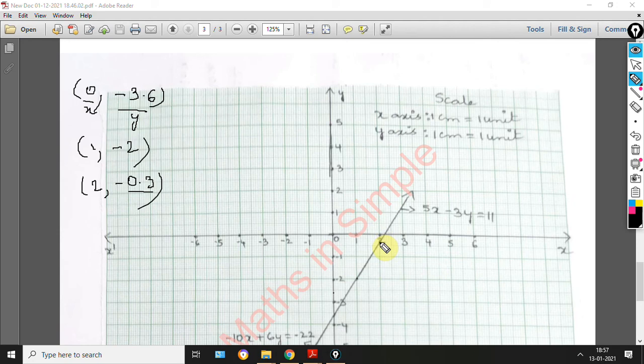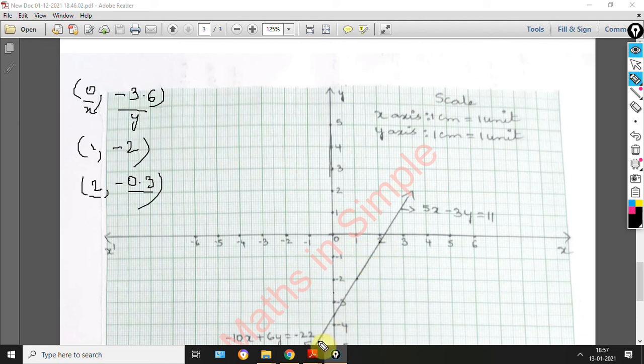So here we have to put a point. But we have to plot from the x-axis position, which is 2. So from this position we take 0.3, and here only we are getting it. Here we put the point.